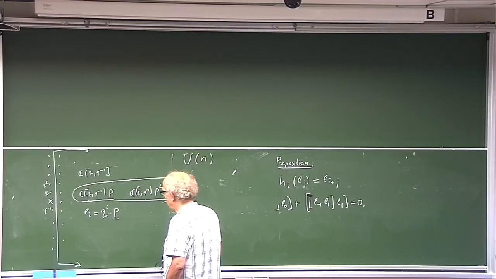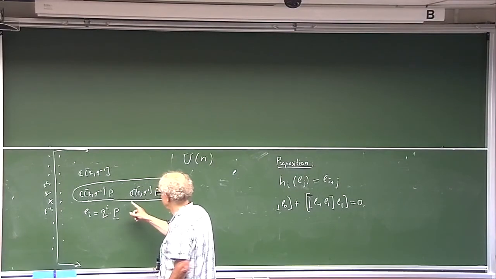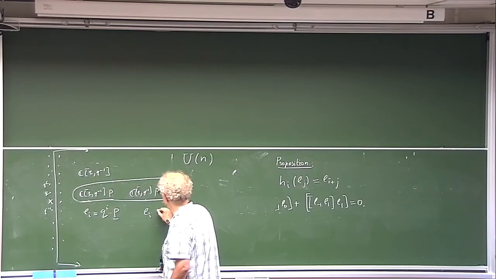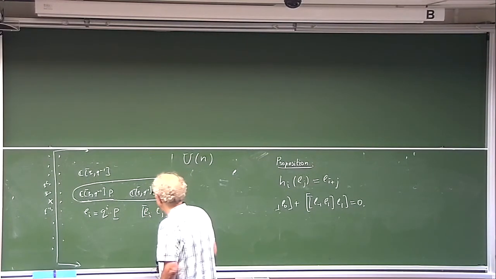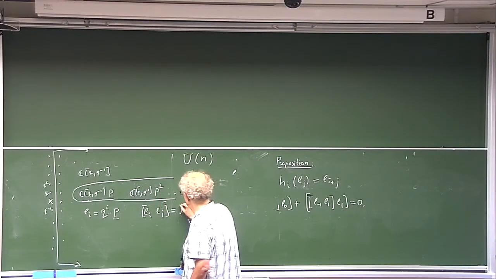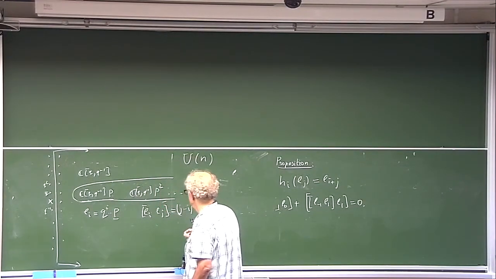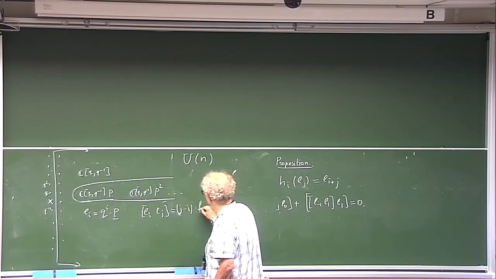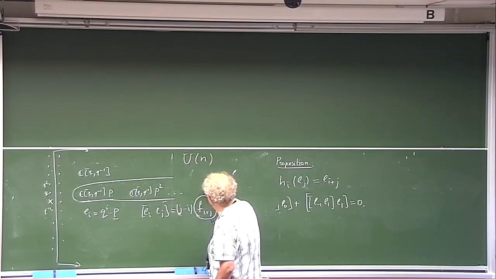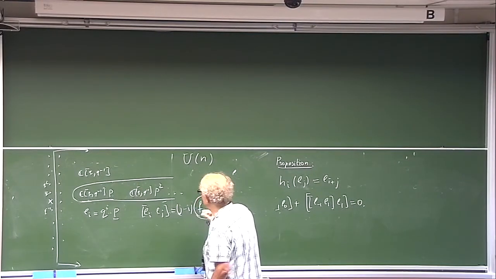Well, and now what do we have? We have [E_i, E_j] equal, I think, to (j minus i) times some element F, with the notation F_(i+j). F_(i+j) is, up to sign, Q^(i+j) times T squared.